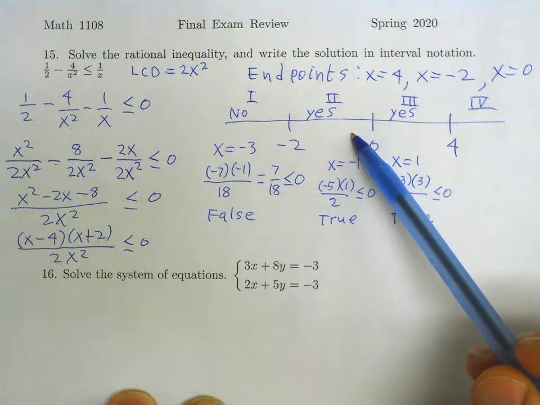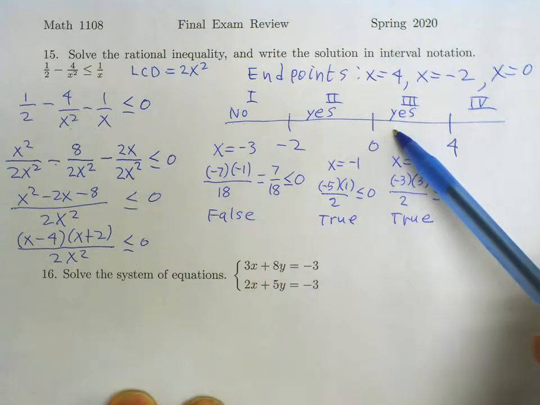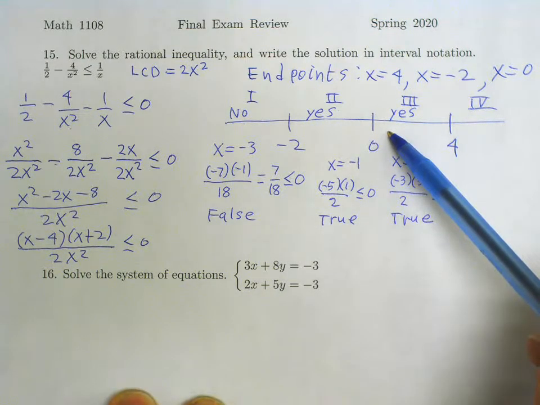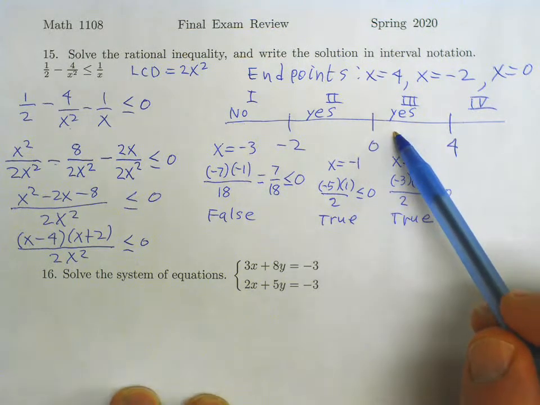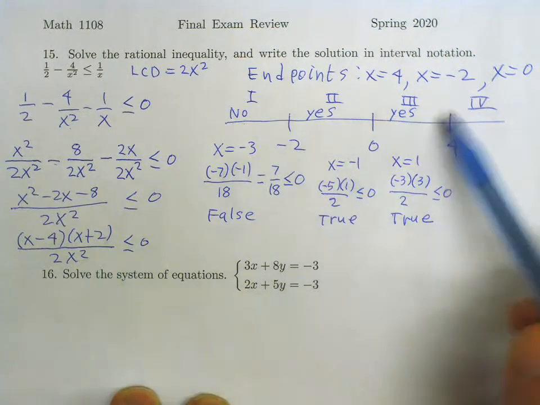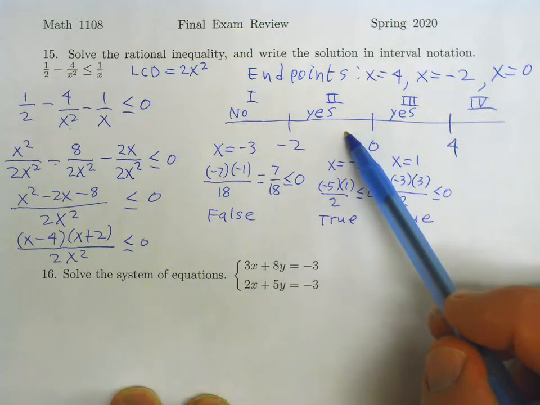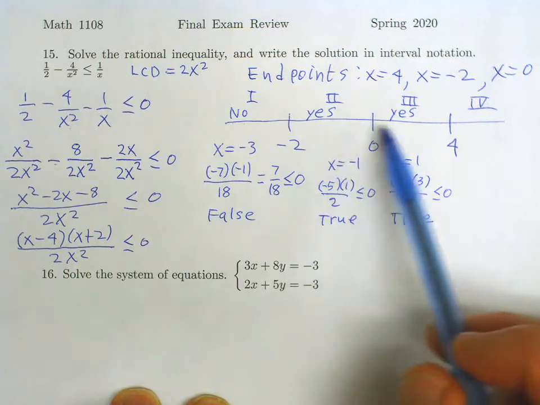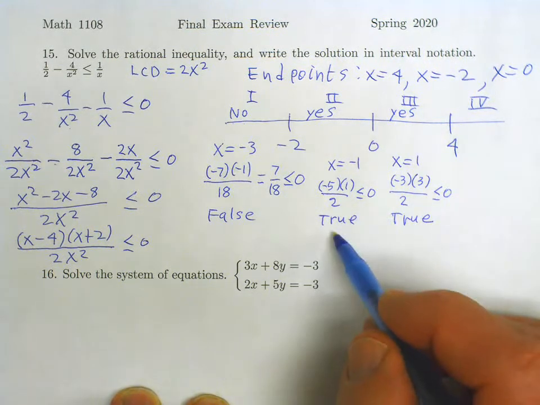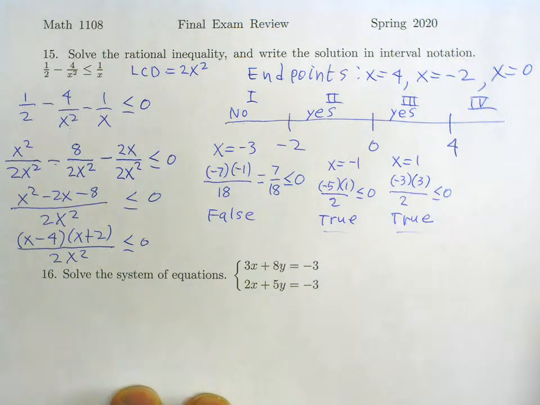Or, sorry, said that wrong. When the test point is positive, the denominator is positive. When the test point is negative, the denominator is positive. So we get two intervals next to each other that are both solutions.